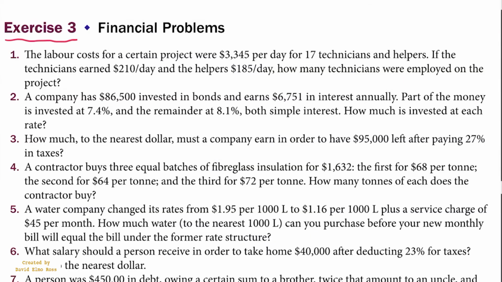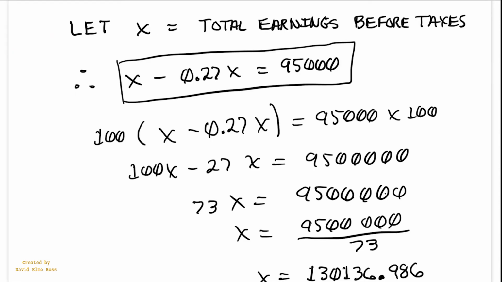Let's look at exercise 3, problem 3. How much, to the nearest dollar, must a company earn in order to have $95,000 left after paying 27% in taxes? Now let's let X equal the total earnings before any taxes are taken off. So there's our total earnings, and there's our tax being taken off the total earnings at 27%.